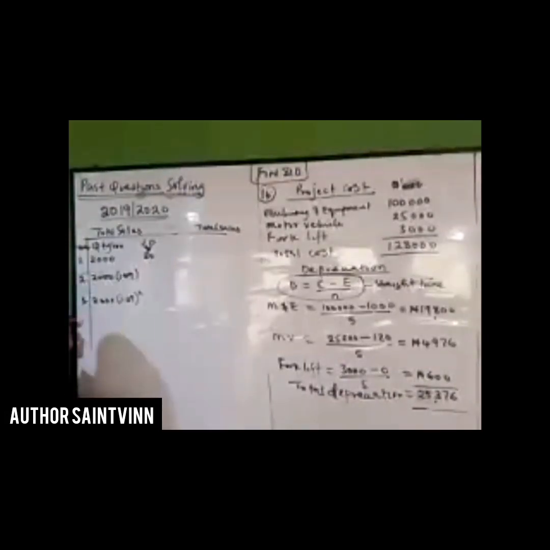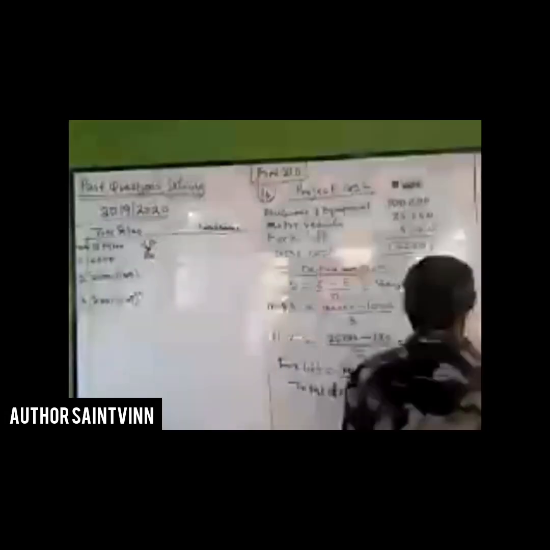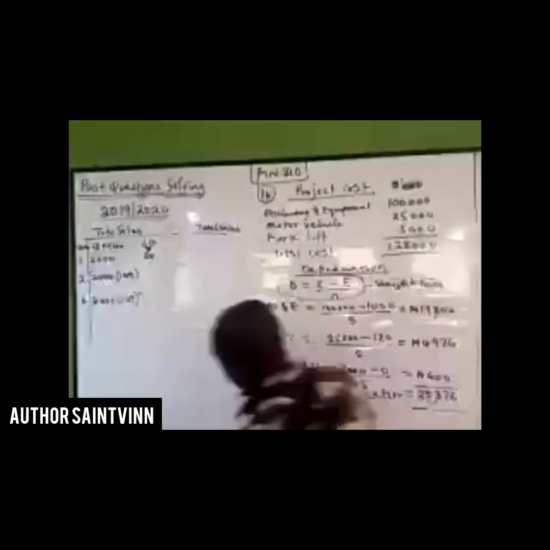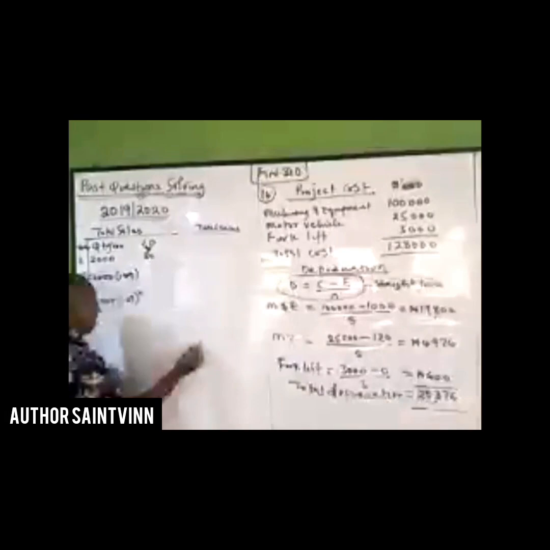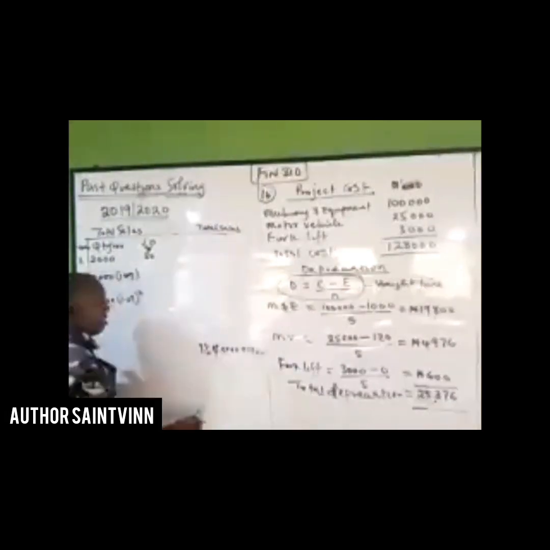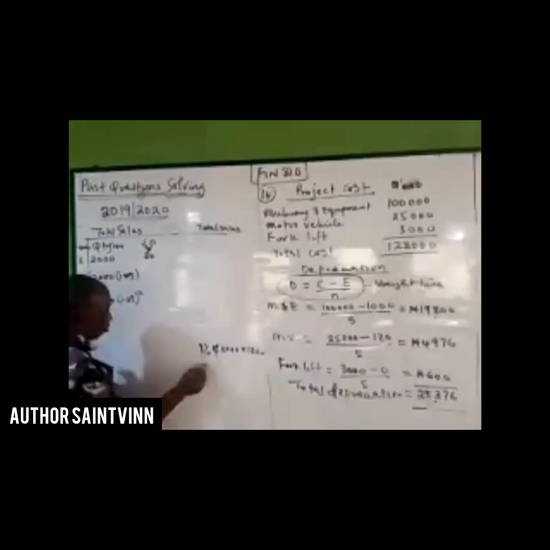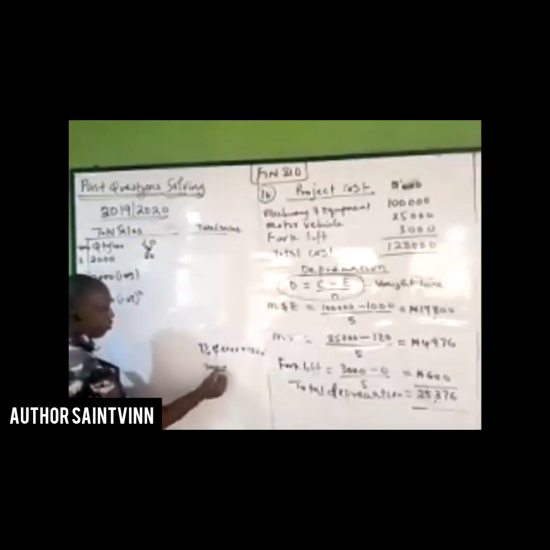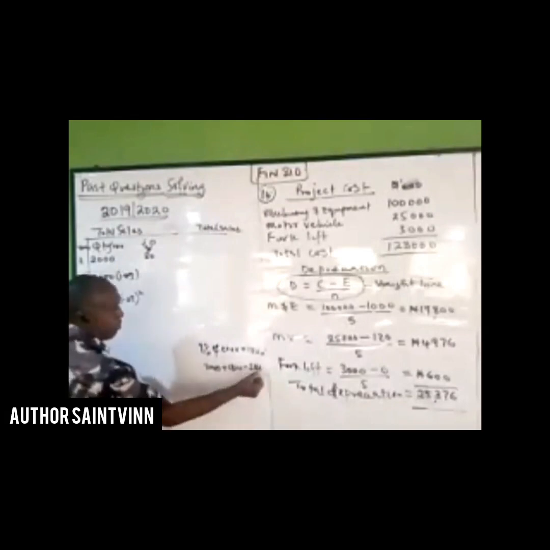Is it okay? 9% is 1.09. See now, this is 9%. 9% of 2,000 it says 1.8. 2,000 plus 1.8 will give us 3.8.